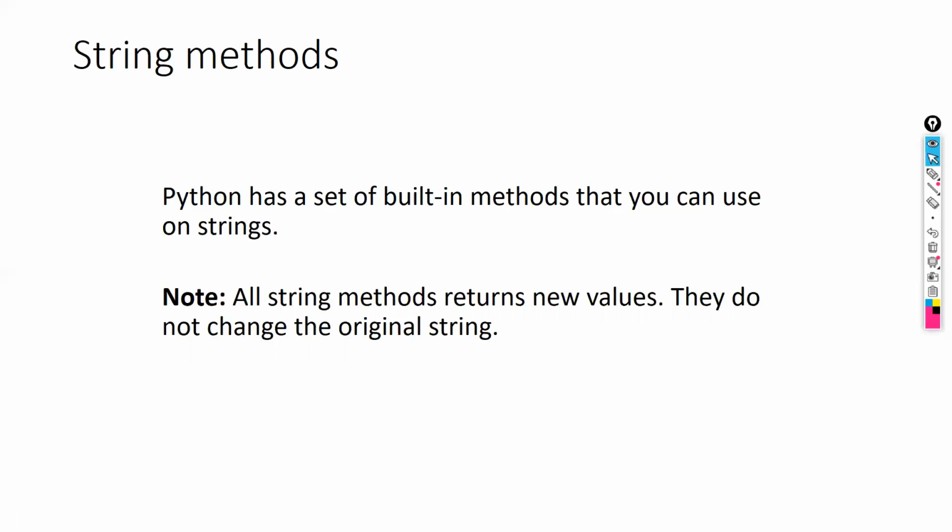We can remove white spaces in the string and get the length of the string. We can do a lot of different operations, which I'll discuss in the lab. So these are the operations we are going to discuss: string slicing, the methods, and how to define the string in detail.